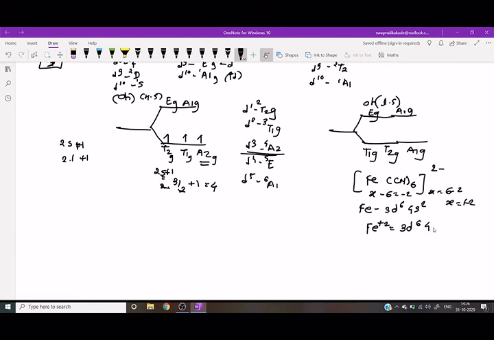The electronic configuration is 3d6 4s0. This complex is strong field because cyanide is a strong field ligand. Then filling the electrons, pairing takes place because it is a low spin complex: 1, 2, 3, 4, 5, 6.